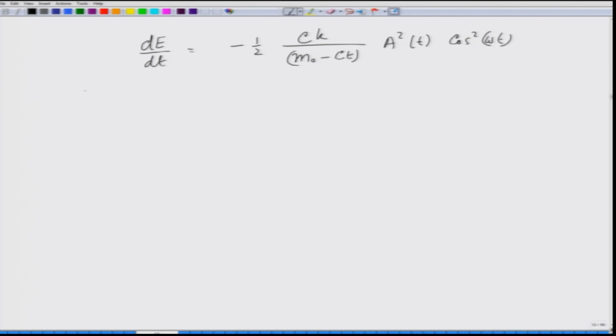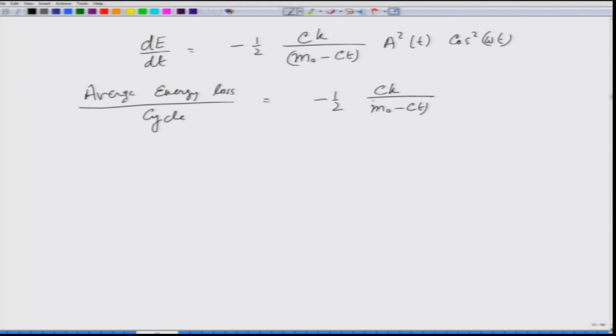So, average energy loss per cycle is going to be equal to time average of this whole thing, minus a half c k over m naught minus c t A square t cosine square omega t time averaged. And as I said earlier, because c is very small, change in A is very small, I can think of per cycle they are not really changing much.